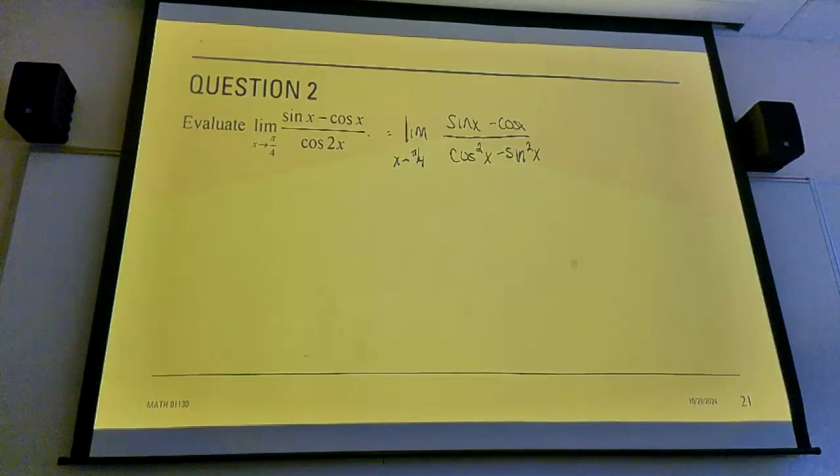Double angle identity for cosine, which is now difference of squares.